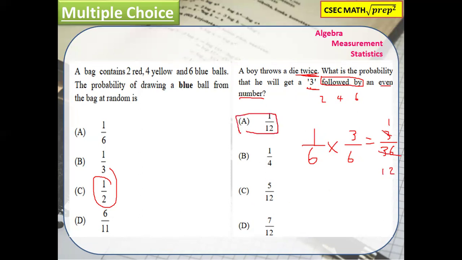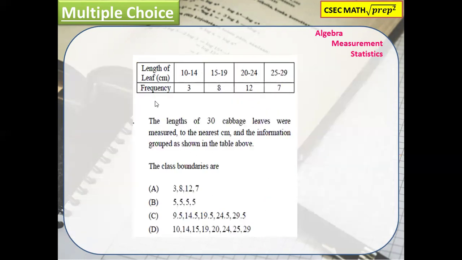So the chance of getting a 3 is 1 upon 6. The chance of getting an even number is 3 upon 6. And then 3 into 6 goes 2 times. And 2 times 6 is 12. So it's 1/12. All right.